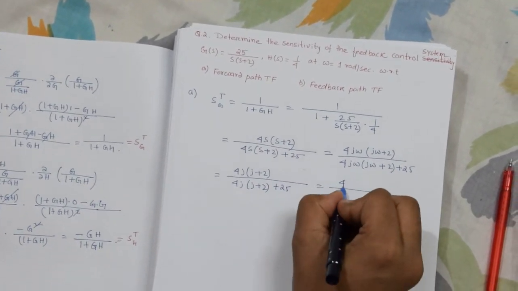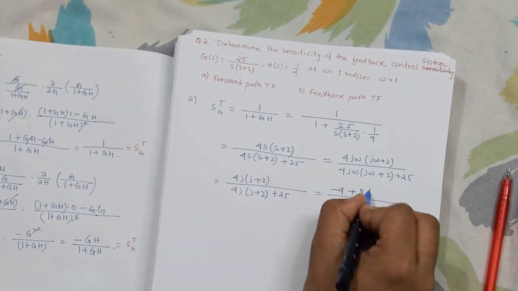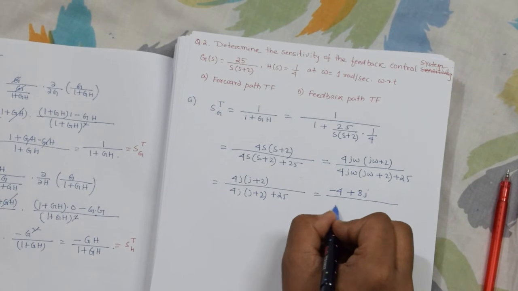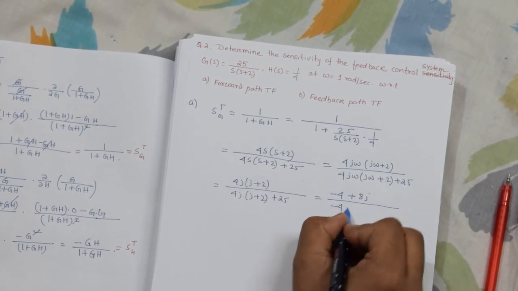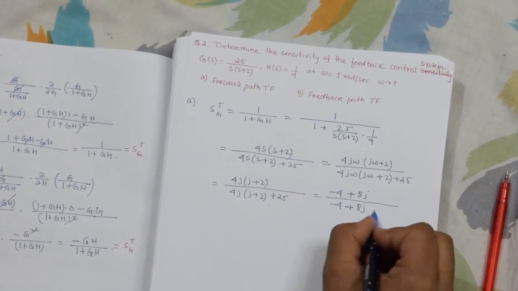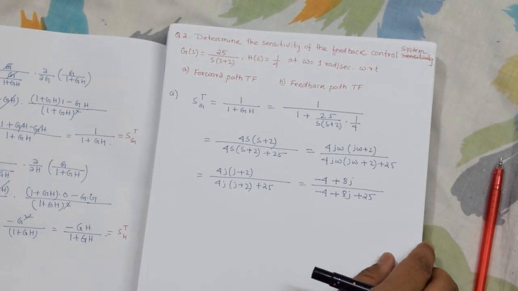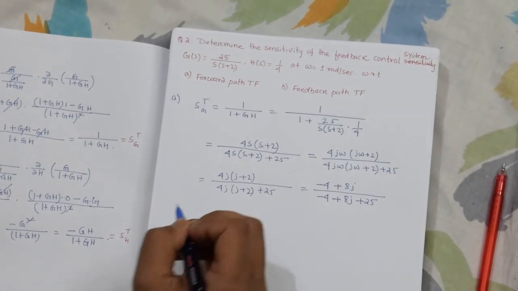It will be 4j square, which is minus 4, plus 8j divided by minus 4 plus 8j plus 25.